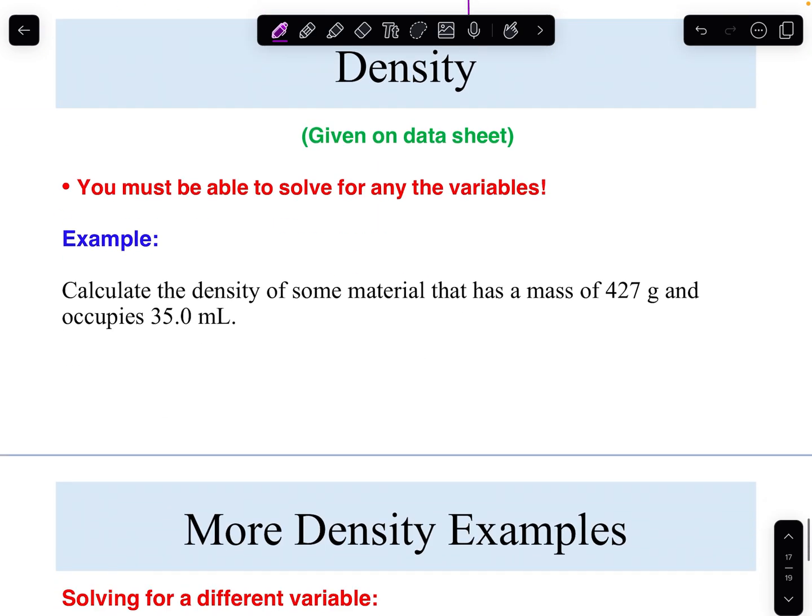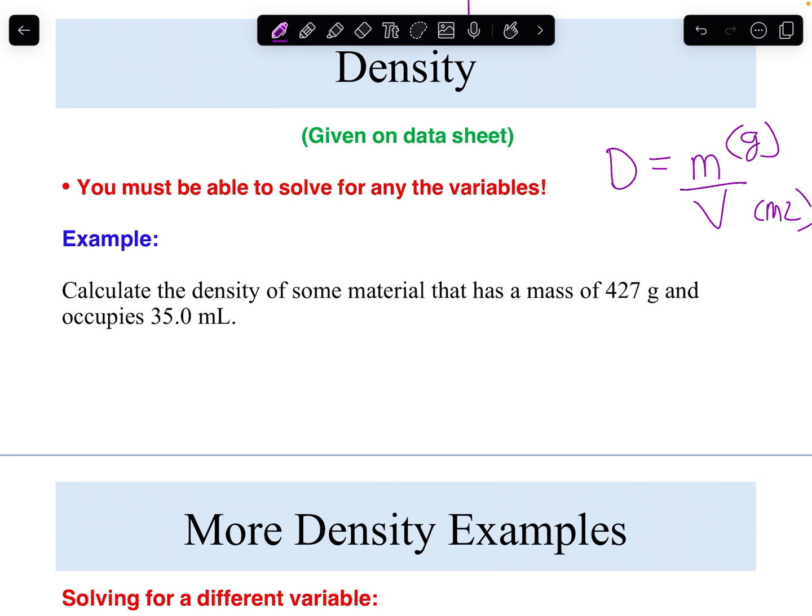Okay. All right, last step here is density. Our density equation is very simple, and it is given to you: density equals mass over volume. Traditionally, mass is given in grams. Volume is traditionally given in milliliters or centimeters cubed. In most of these cases, we'll be working with milliliters.